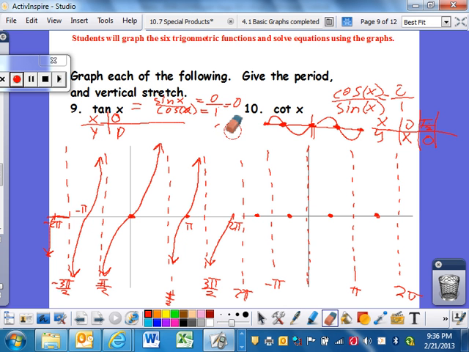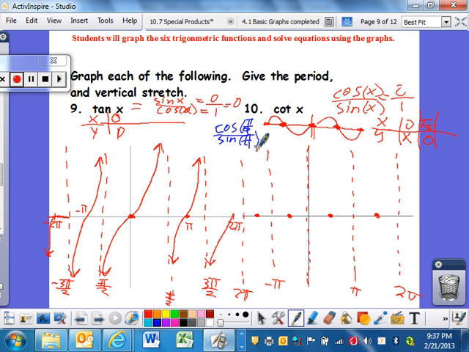I'm going to switch colors so it stands out a little bit more. So our cosine of pi over 4 and our sine of pi over 4, what's that going to give us?